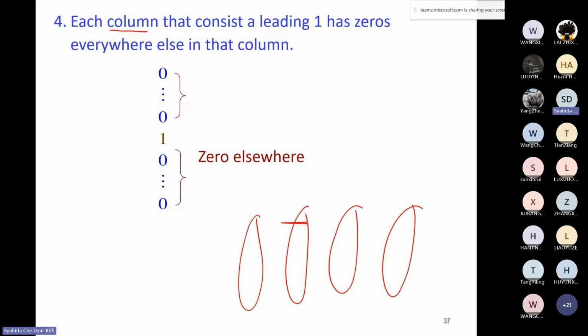If that column has a leading one, it doesn't matter where, then the other numbers must be zeros. Okay, let's say this one has a 1 there. The others must be zeros. Okay, is that clear?